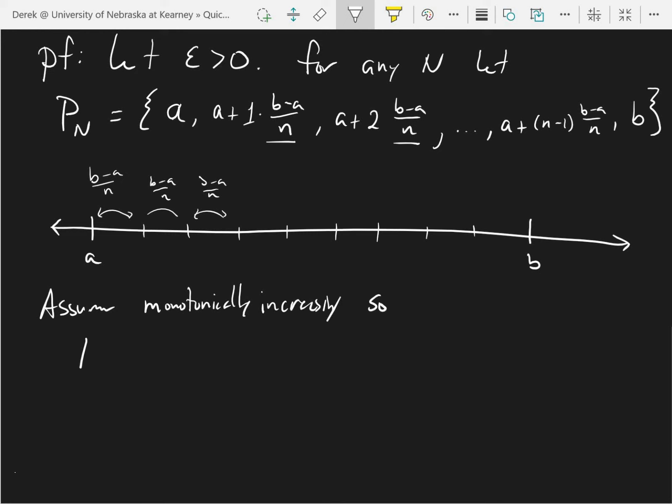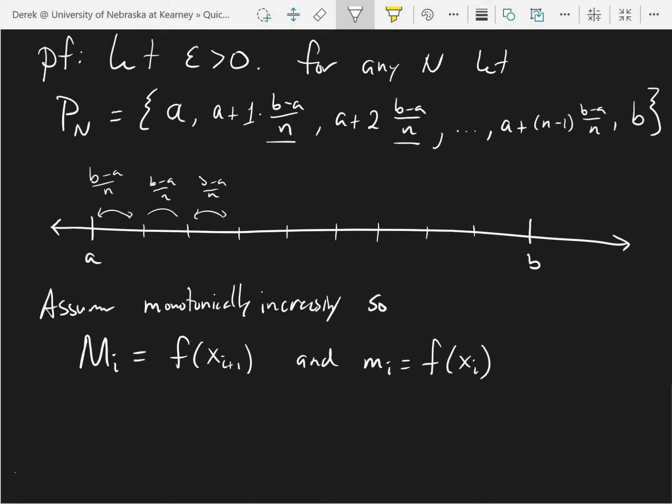So M_i is equal to f of x_(i+1), and little m_i is equal to f of x_i. The minimum is on the left-hand side, the maximum on the right-hand side, by monotonicity.